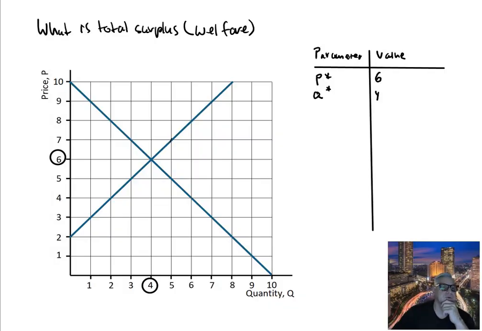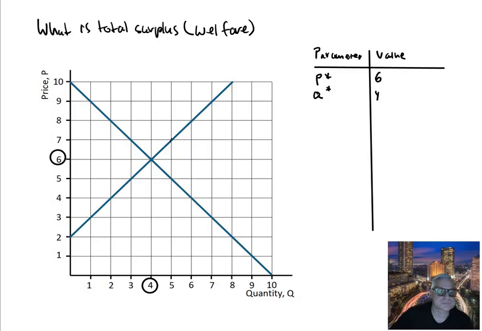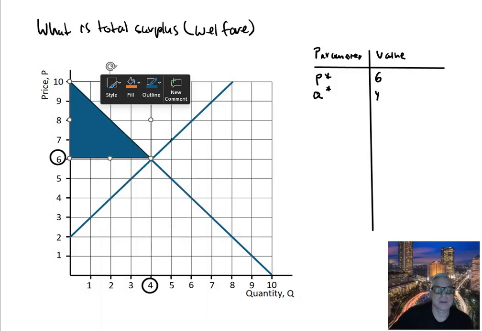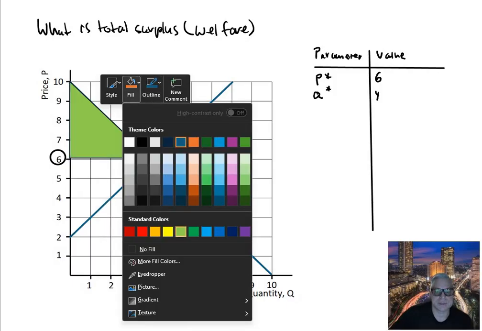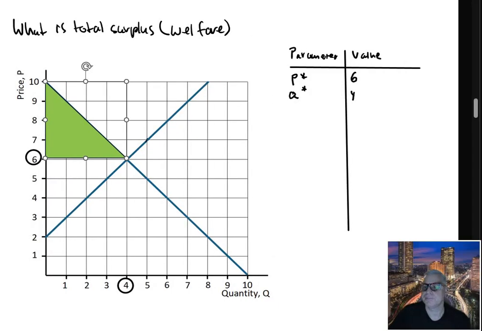And then we said we have producer surplus. Producer surplus was the upper triangle above the equilibrium. So we have here this triangle, and we made that green. Let's make it a little bit transparent too. Format shape, fill, and give it some transparency.